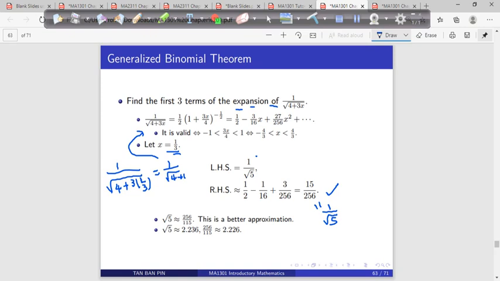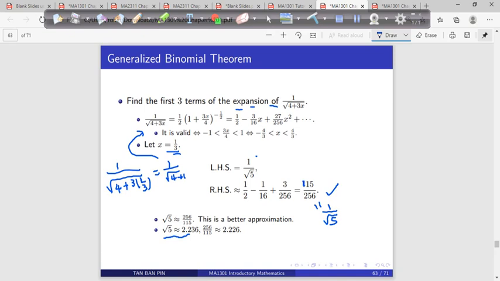And you'll find that square root 5 is 2.236. But if you look at what you get, it is actually 2.226. It should be 115 over 256, so take note there's a typo here.